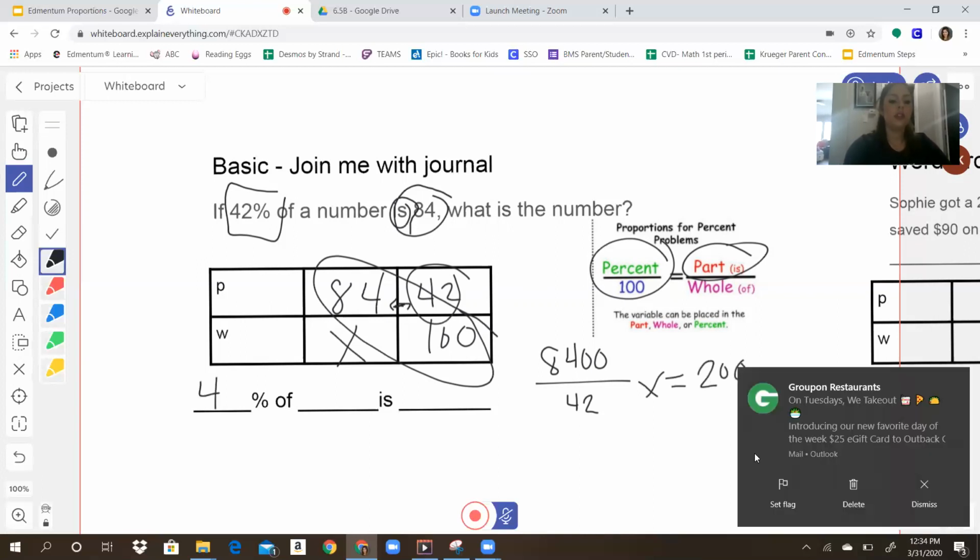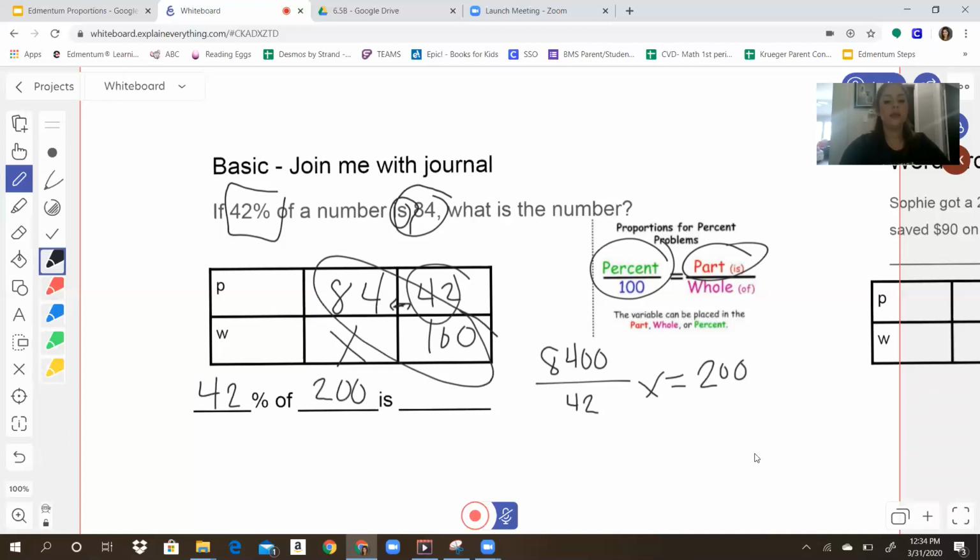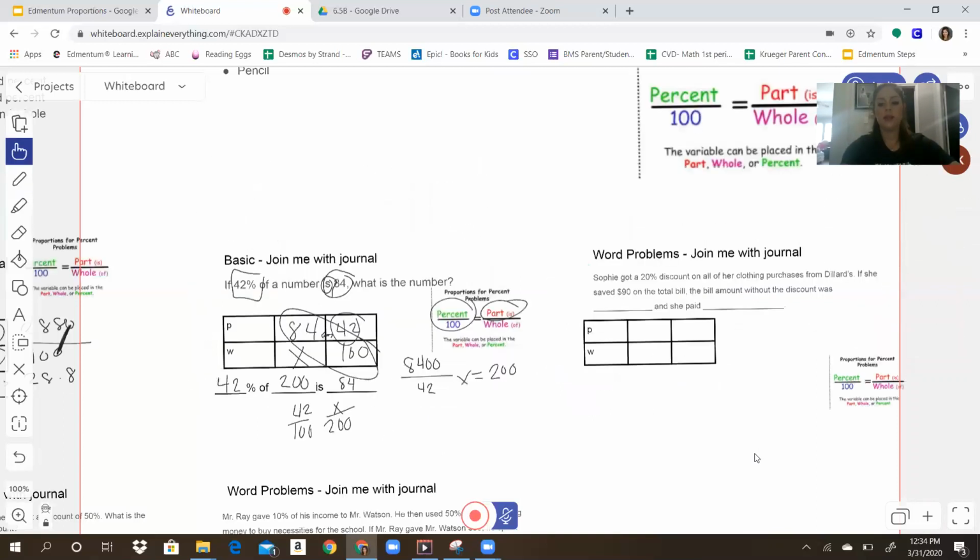So 42% of 200 is 84. So if we were to do a percent proportion, 42% of 200 is, we would get 84 as our is. Okay, so it always works two ways.